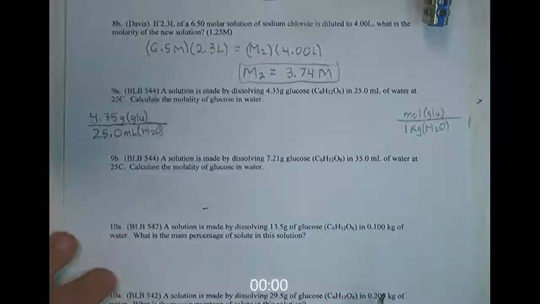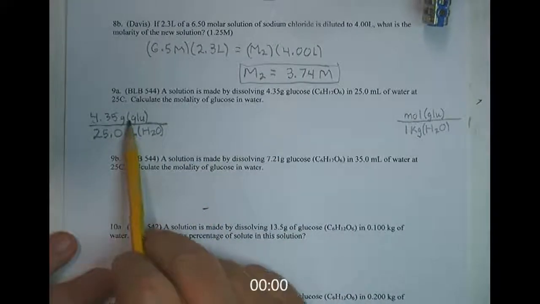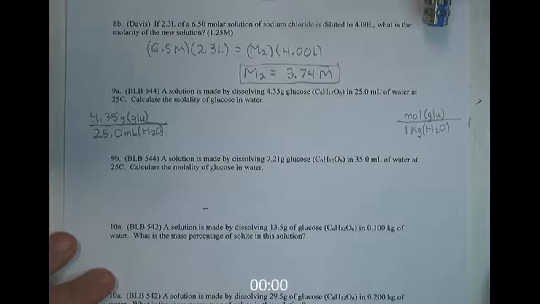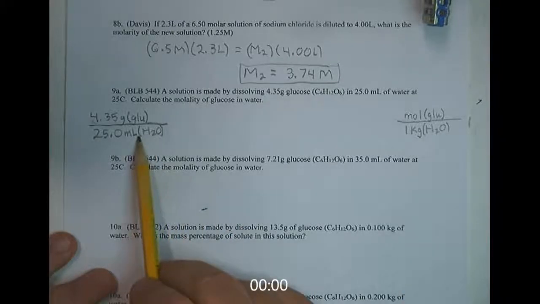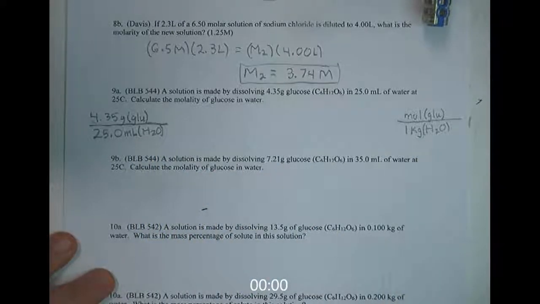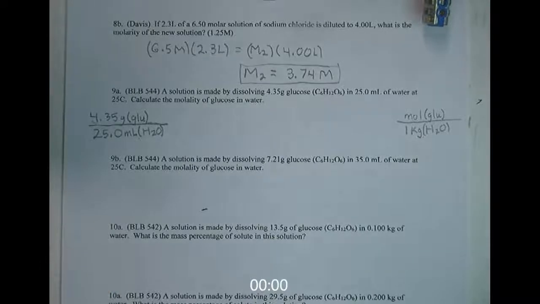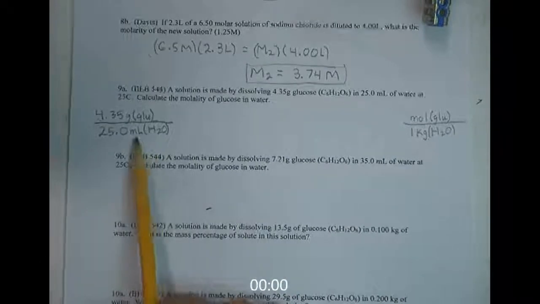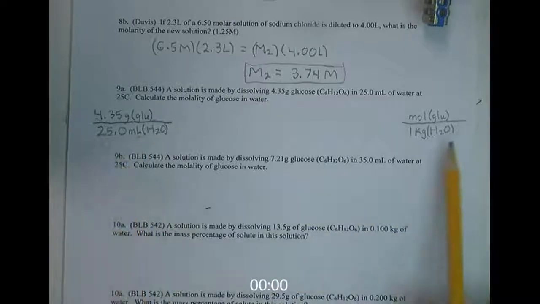Let's look at where we're trying to get. We're trying to get from grams of glucose to moles of glucose, and from milliliters of water to kilograms of water. You'll notice that milliliters is a measure of volume and kilograms is a measure of mass, so we need to know some relationship between them.